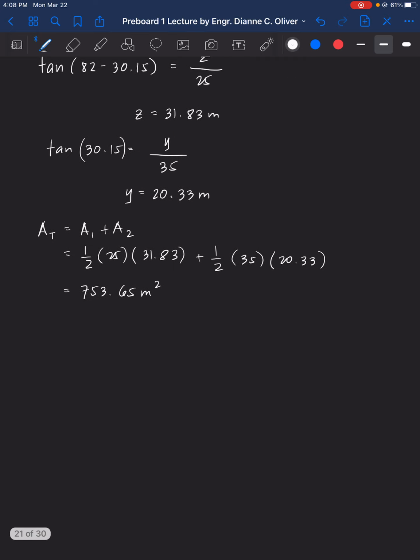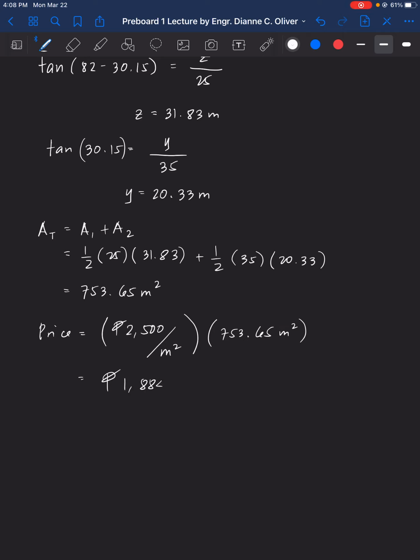And what is being asked in the problem is the worth or the cost of the lot. So the price of the lot is 2,500 per square meter multiplied with 753.65 square meters. So price is now equal to 1,884,125 pesos.